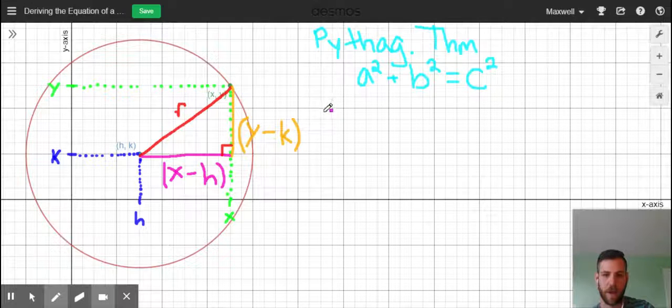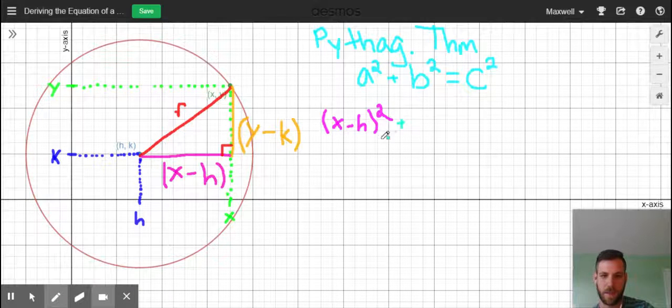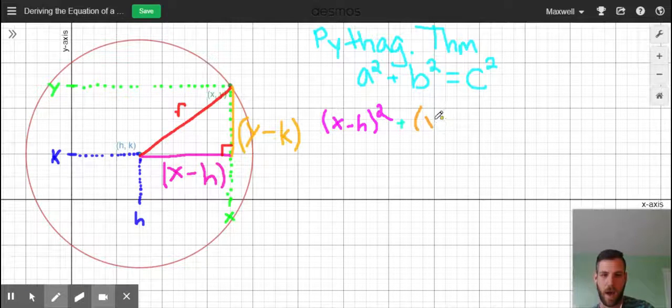So I could write that I have x minus h squared and keep the rest of the formula the same, plus my y minus k squared in orange, y minus k squared.